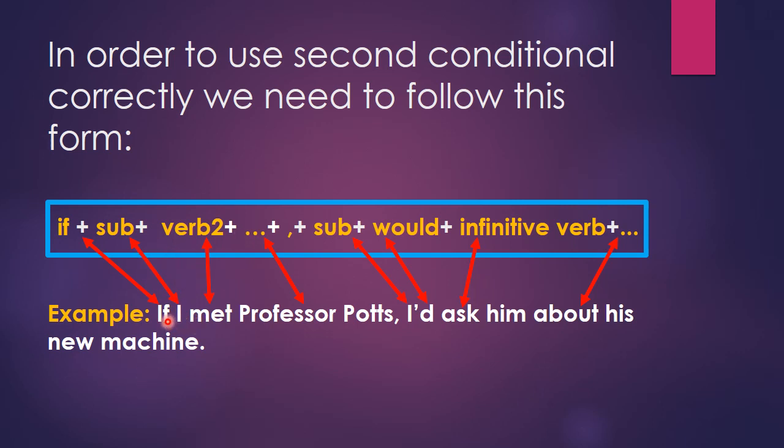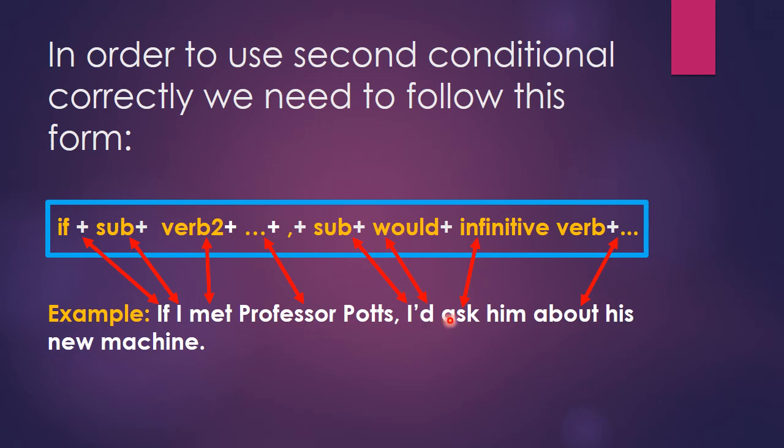So if, here it is, I is the subject, met is the verb 2 of the verb 1, meet, and Professor Potts as an object. We have a comma, then we have the other subject, which is the same one, I, and would. The apostrophe and the D here are short for would.